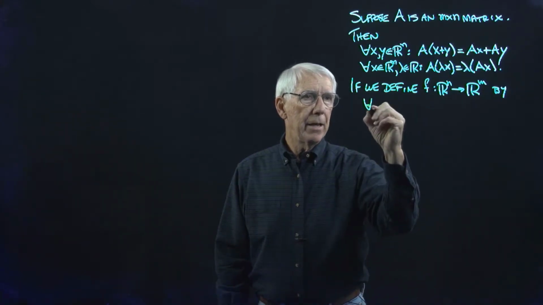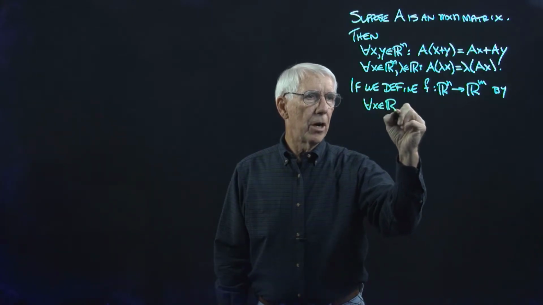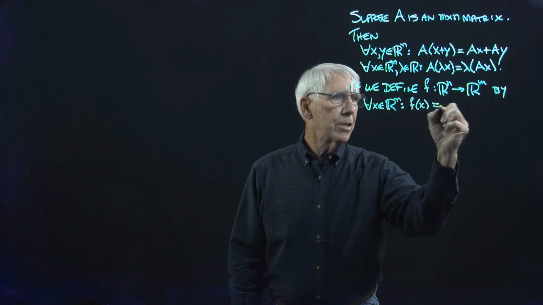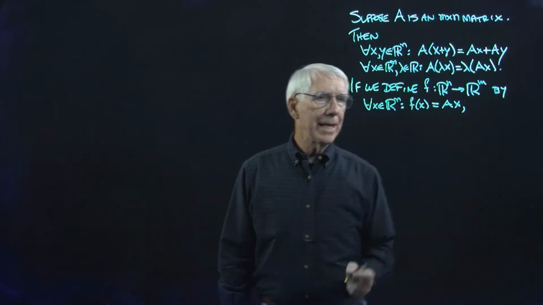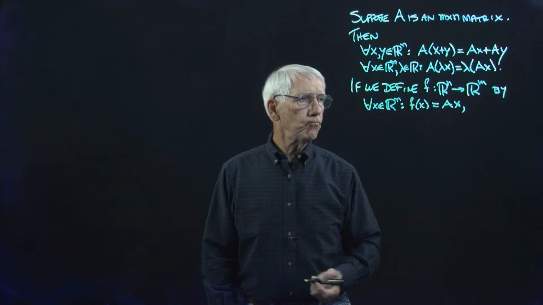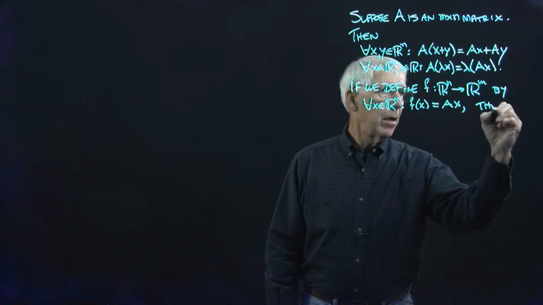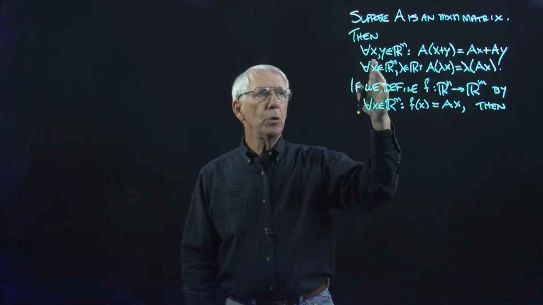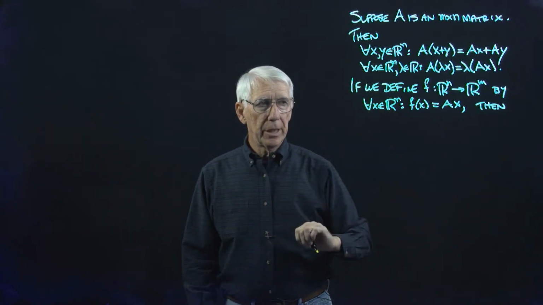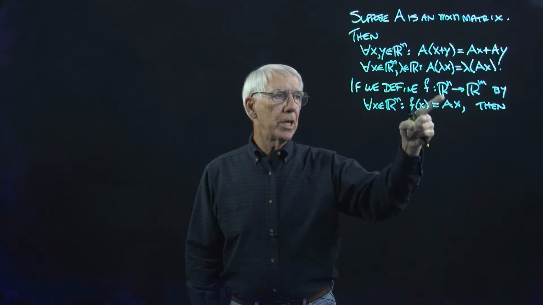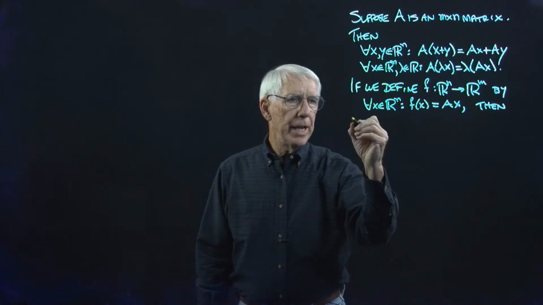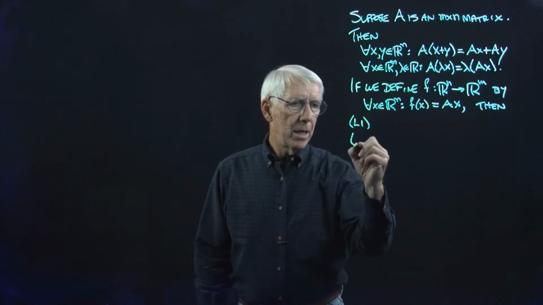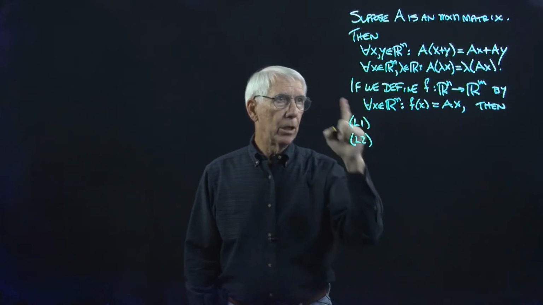So we'll say that for every x in Rn, f of x is A times x. Then we can rewrite these two statements here in terms of f instead of in terms of A. And I'm now going to name those two statements L1 and L2.